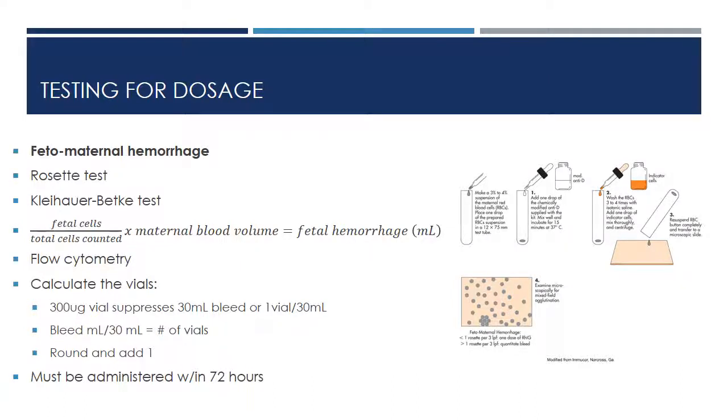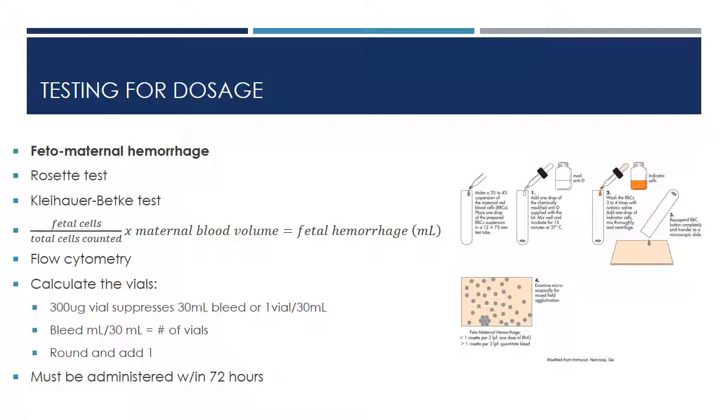So if it's 1.6 vials, you're going to round it up to 2, but then you always add 1 to be safe. So that would be 3 vials in that case. If you have less than 0.5, so if you have 1.4 vials calculated, then you're going to round down to 1, but you're still going to add a vial. So you're going to make it 2 vials, okay? So you'd round like the normal mathematical situation, and then you add 1.